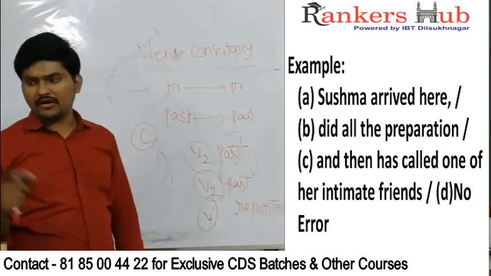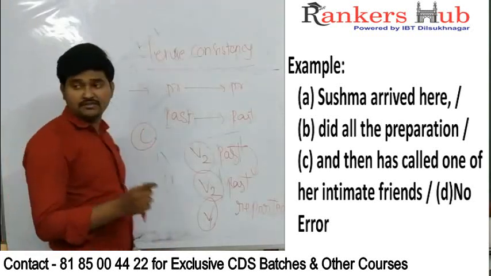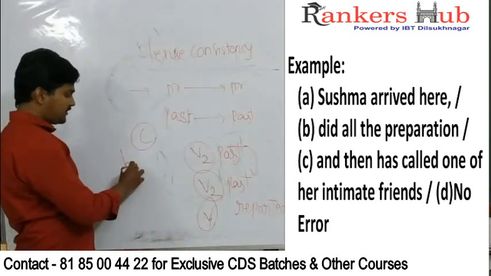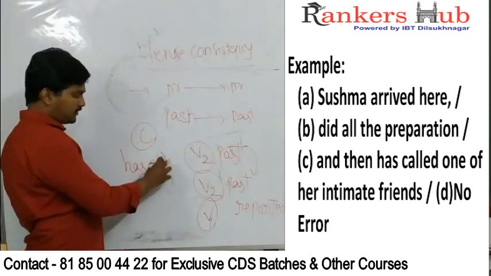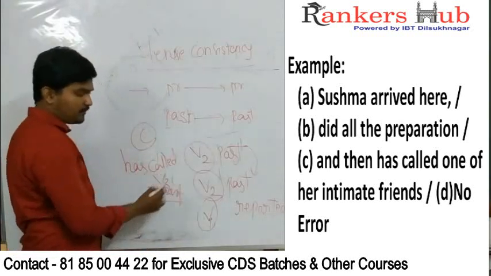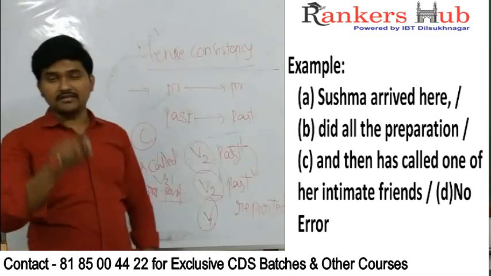In this statement, you can look at the error very easily, guys. In the part C, it simply says and then has called one of her intimate friends. Now when you say has called, has plus V3 will happen only in present perfect tense. I don't want present tense when I have started in past tense. Now observe.